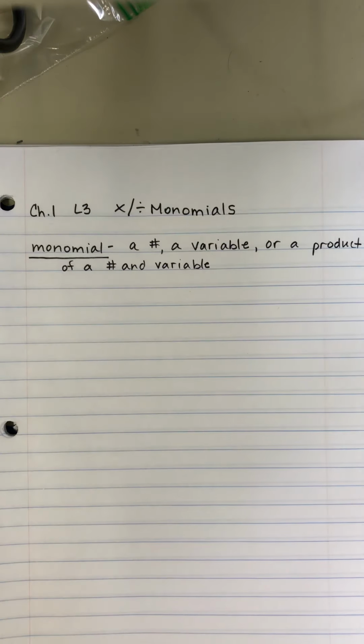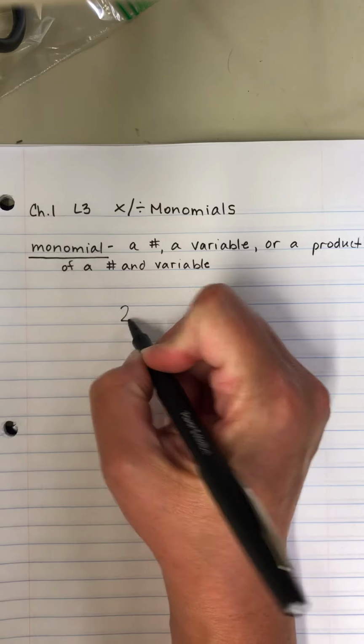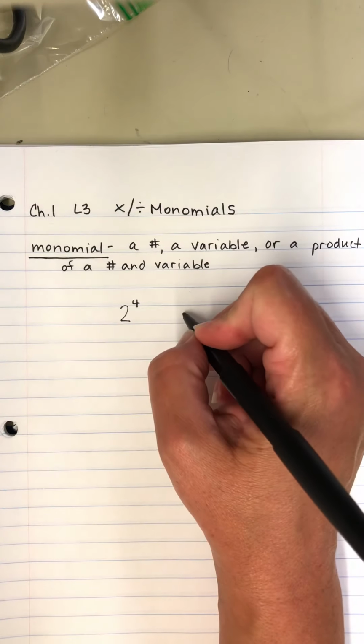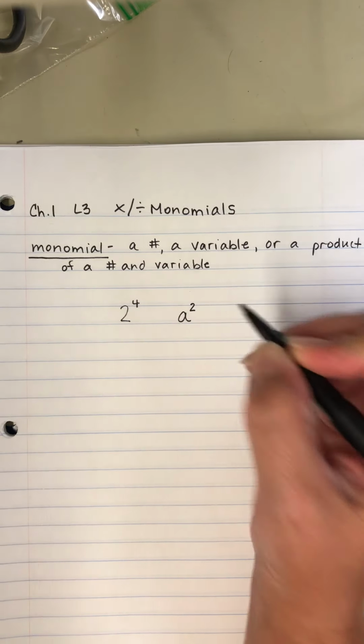So what does that look like? Using numbers, a monomial could be 2 to the 4th power. It could be a to the 2nd power.